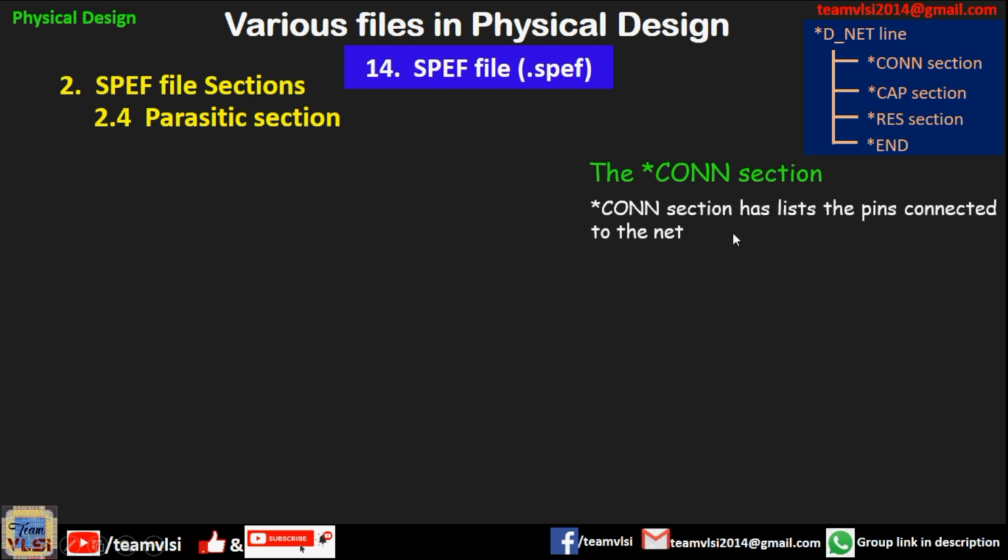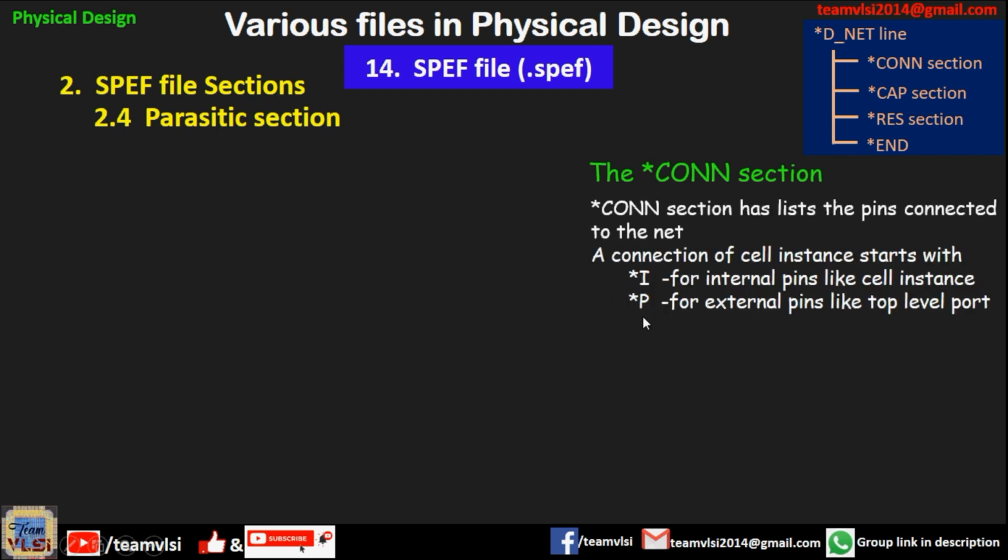The connection section has a list of pins connected to the net. This section will start with the keyword *CONN. Then the entry's general syntax is either *I or *P. *I is used for internal pins and *P is for external pins like top-level ports.